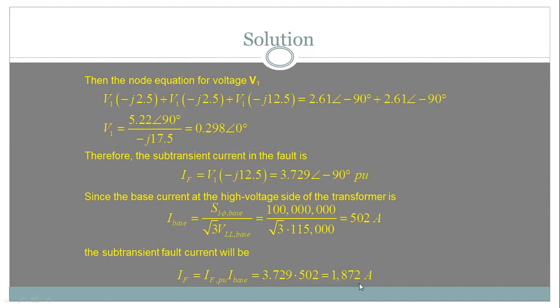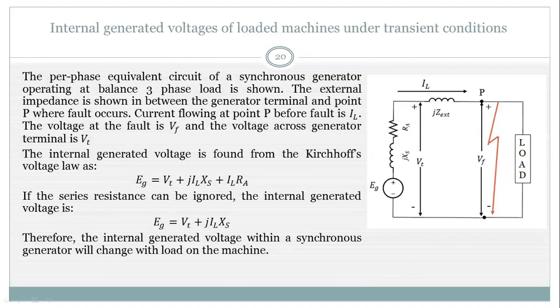So this is the full answer. Now this is the internal generated voltage of a loaded machine under transient condition. If a generator is connected to a load with an external branch, and a fault, that is a three-phase short circuit fault, occurs at the load terminal, then the internal voltage equation of the generator should be the sum of all drops of this series circuit.